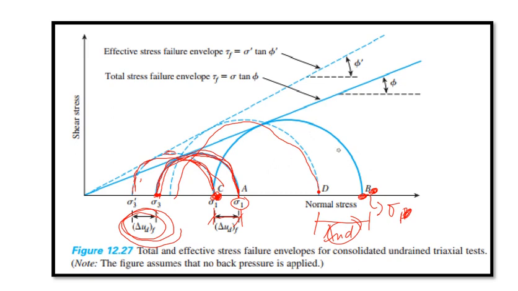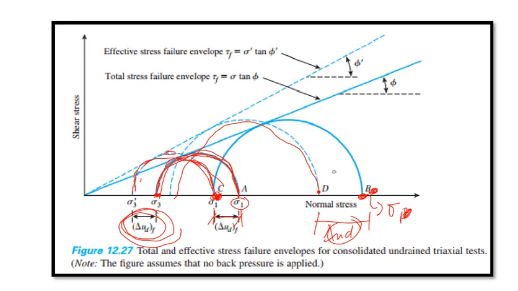So, hindi pa naalis yung pore water natin dito sa stresses natin. Meron pa tayong tubig. So, yung total stresses at failure. And yung dash line naman, it represents the effective stress at failure.